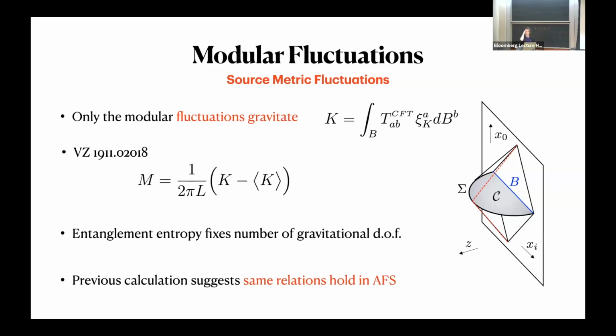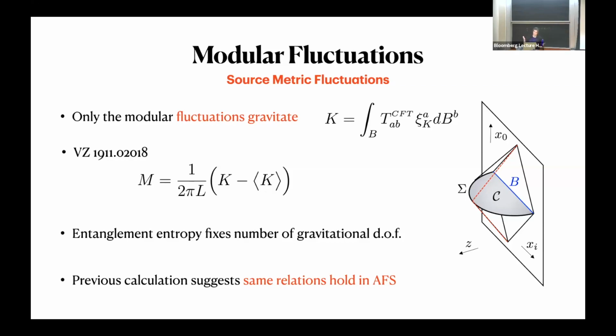But in the presence of gravity, the modular fluctuation, which is the variance from the entanglement entropy, we studied this in this paper, and we found that the fluctuation in the modular Hamiltonian actually gives rise to a shift in the metric. So it sources metric fluctuations.